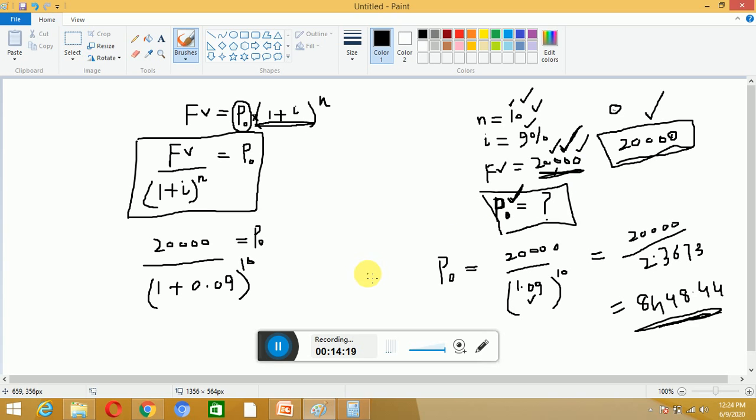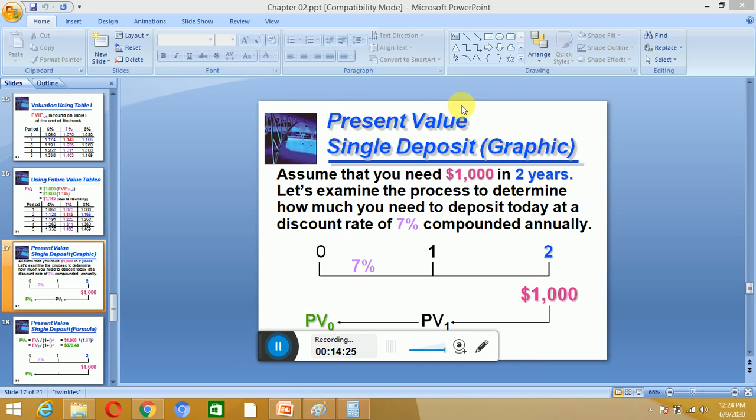So this is basically the concept of present value. So here is present value, single deposit. Assume that you need, this is a second example, 1,000 in 2 years. Means after 2 years you need $1,000.